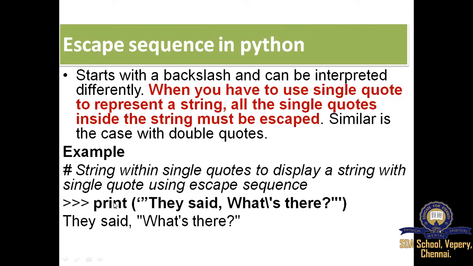Now look at the example here: print, They said, what is there? This single quote used in the string should be escaped by giving a backslash. Then you will get the output like this: They said, what's there? That apostrophe will be added to the s if you add this escape sequence backslash. Clear?